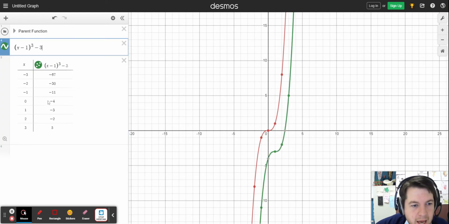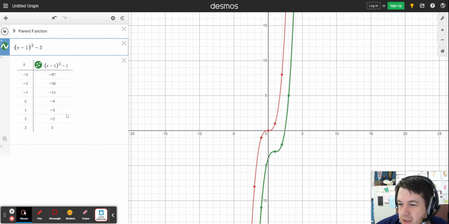So we're at 1 as we're changing by 1: -4, -3, -2. And that vertex is right here. We could also see it if we looked at the differences, seeing that the differences mirror around that point right here. But anyways, we can also see it in the equation. And so our vertex, or that anchor point, is right 1, down 3.